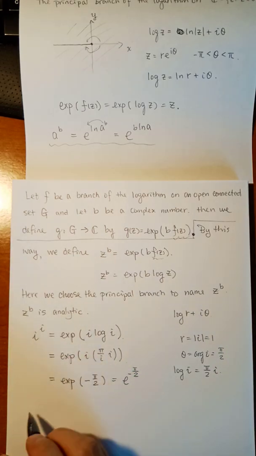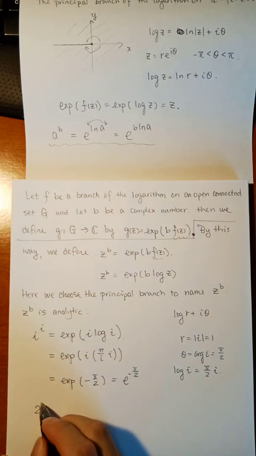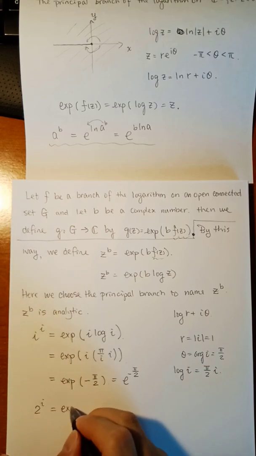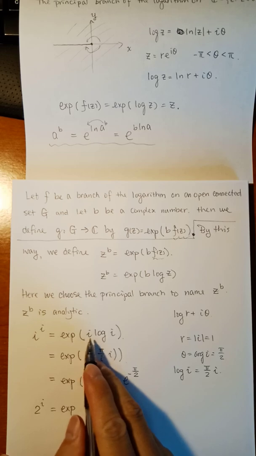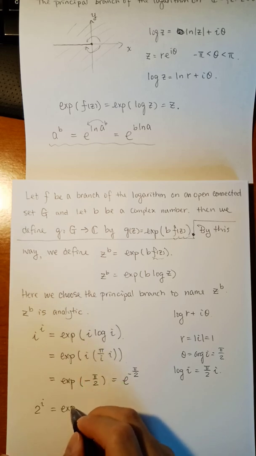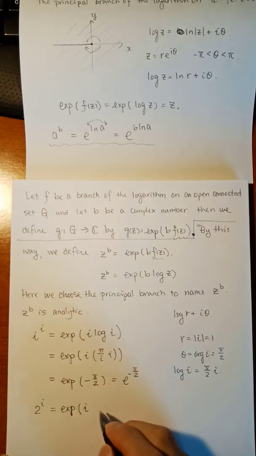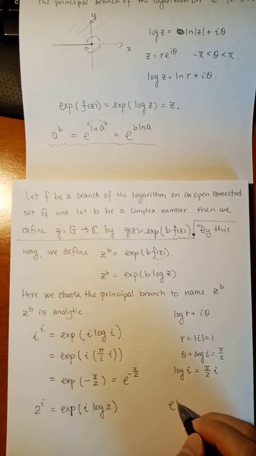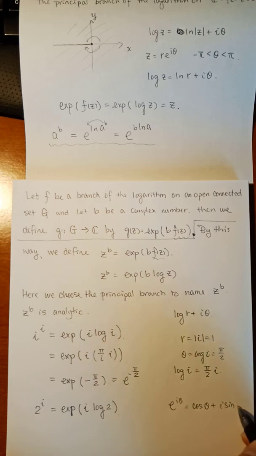if we change this? For example, let's say 2 to the i. What is 2 to the i? Exponential. Here b is i, still i. Here's log 2. Okay, log 2 is log 2. All right, but exponential of i theta is cosine theta plus i sine theta.